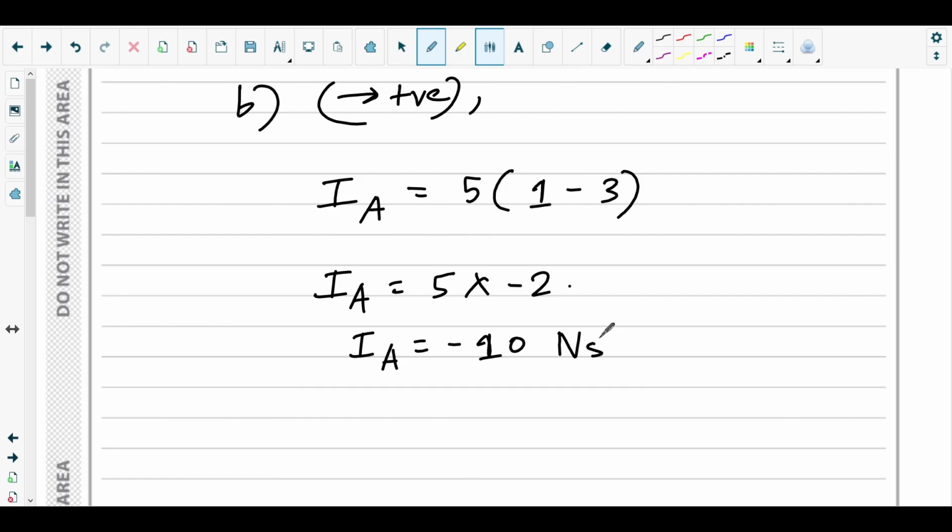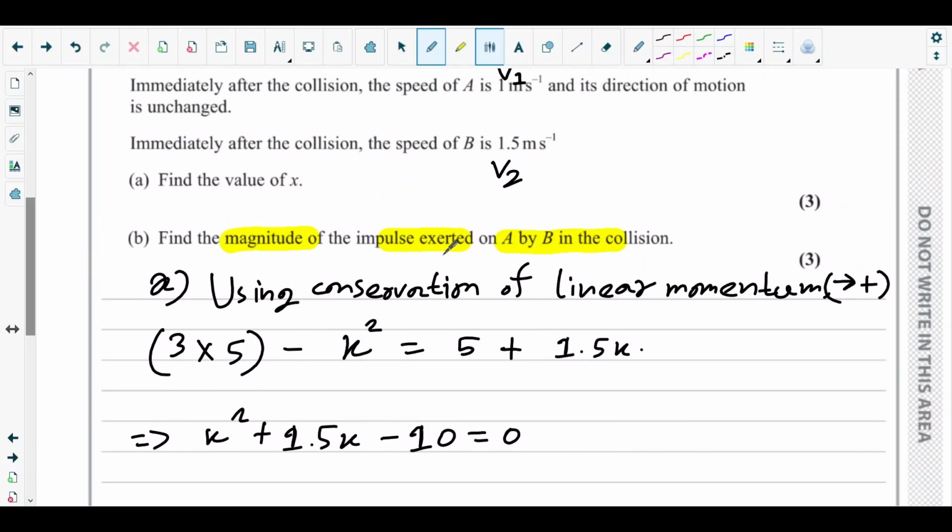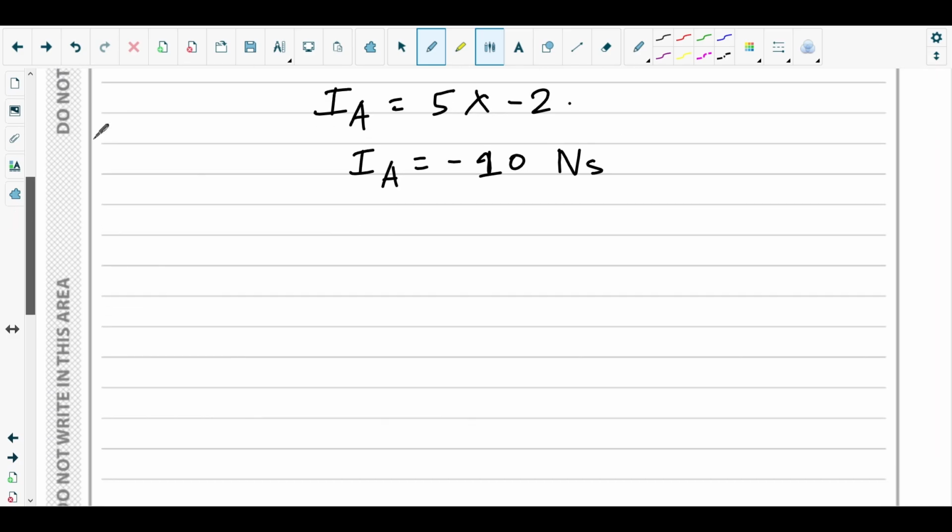So this is basically the vector, like the sign. Since we got negative sign, it means what? The vector. But they asked for only the magnitude. Okay, so what we need to say? So impulse on A by B is what?